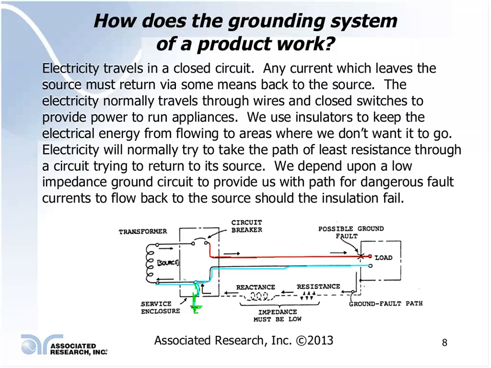Many of these circuit breakers are what we call a time delay fuse or circuit breaker. And why are they employed? Many of our products today use electrical motors.